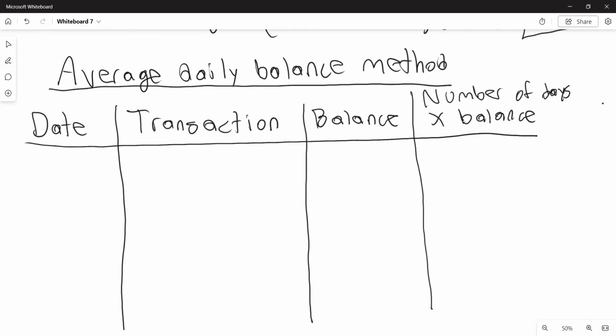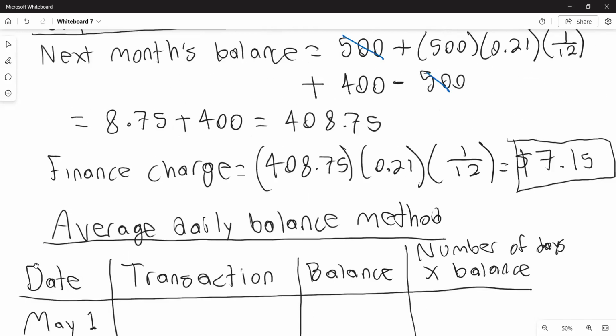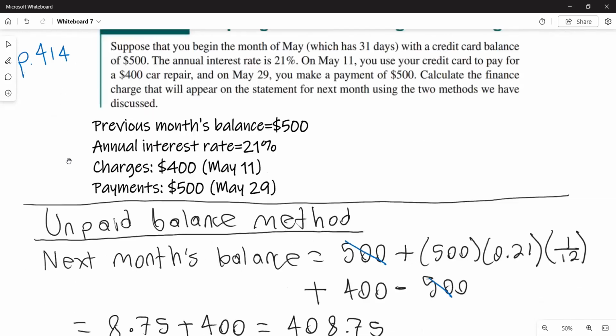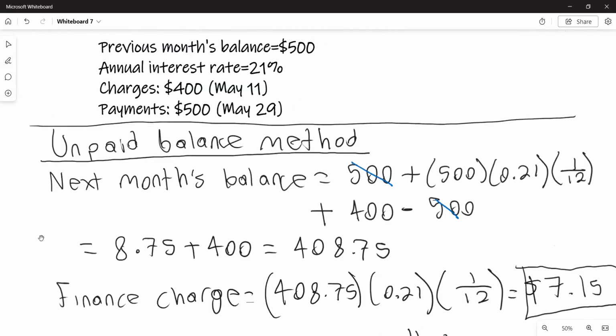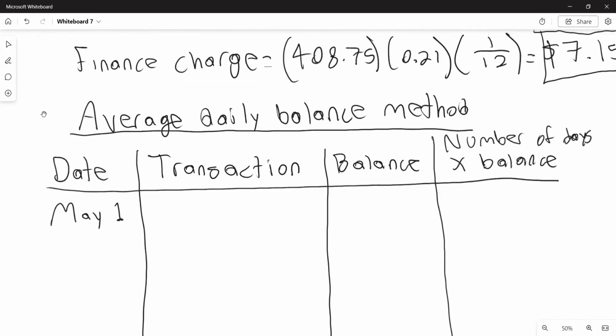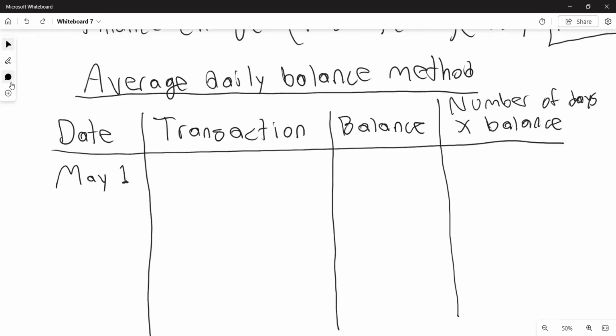And the month is May. Always start with the first of the month. At the beginning of the month, the balance was 500. So there are no transactions. The balance is 500.